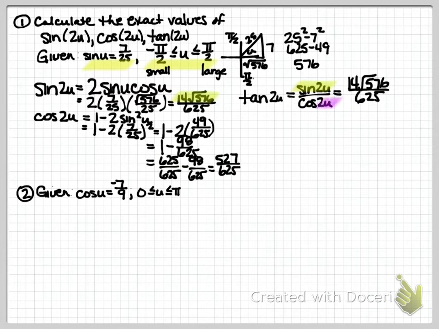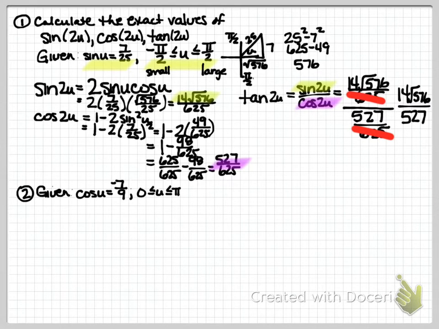The cosine of 2u, well, that value is right here. So that's going to go in my denominator. Now notice they both have the same denominators, both the top and the bottom. So we can cross these out and look what we're left with. 14 times the square root of 576 divided by 527, and that's our final result.